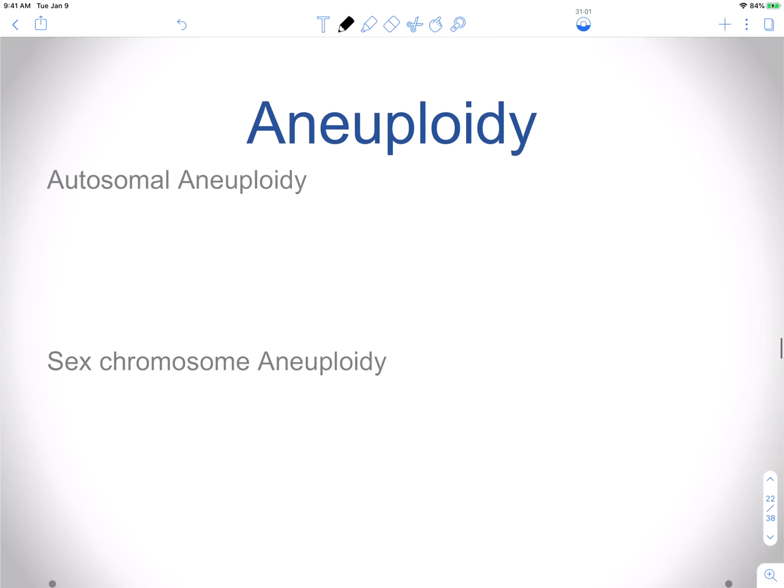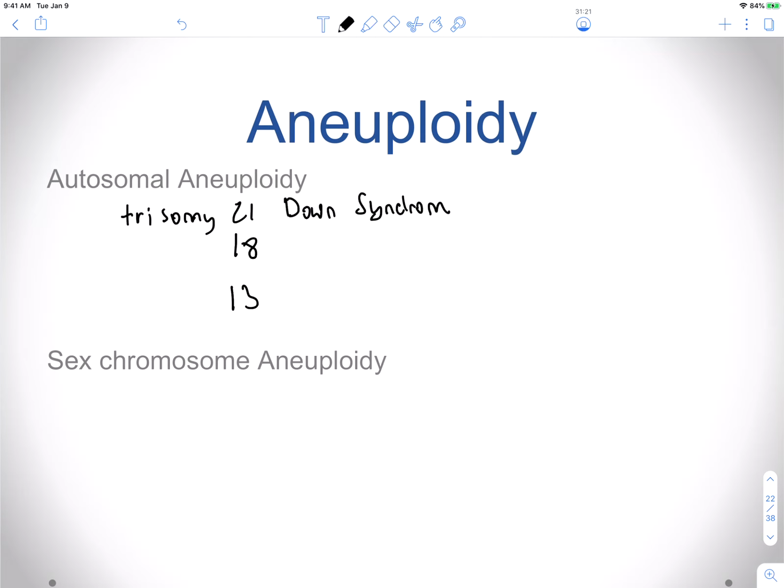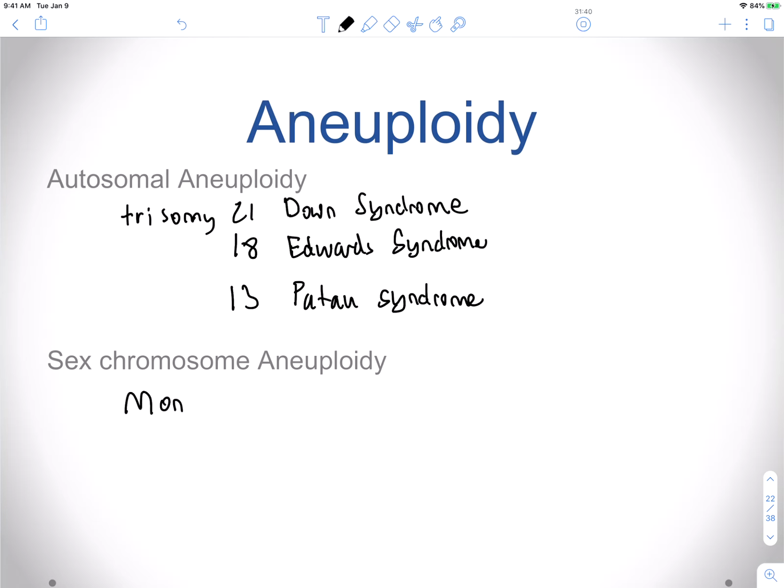Okay, so autosomal aneuploidy, we have our trisomies 21, 18, and 13. And 21 is going to be Down syndrome. And 18 is Edwards syndrome. And then 13 is Patau syndrome. And then for sex chromosome aneuploidy, you have monosomy X, which is Turner syndrome.